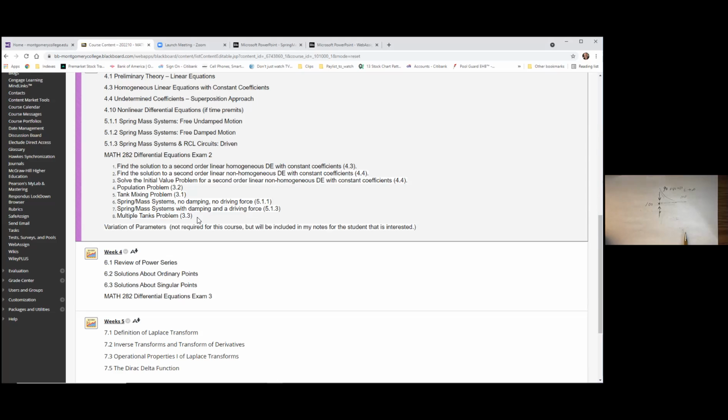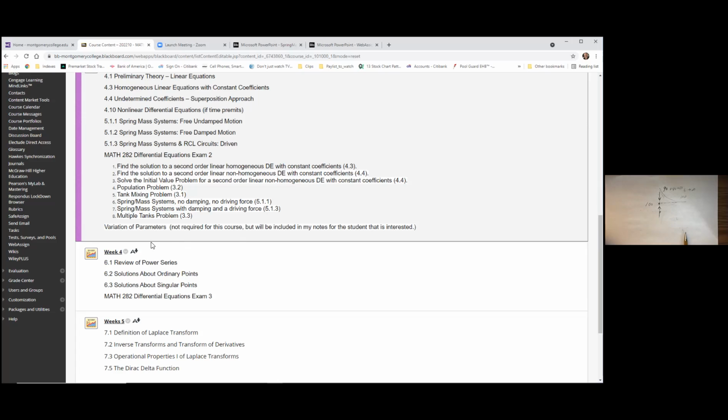Make sure you use the methods that we learned in class. There's a requirement that we learn how to solve linear non-homogeneous differential equations using the method of undetermined coefficients.